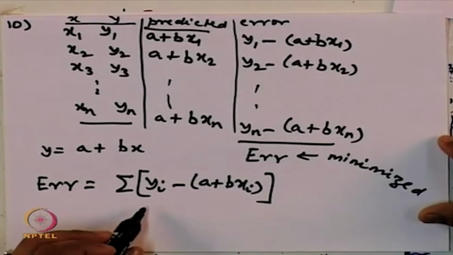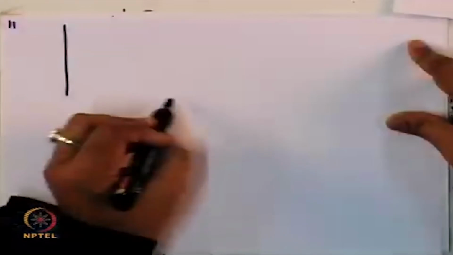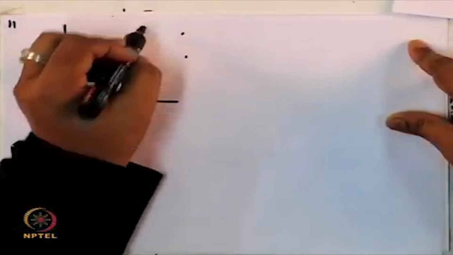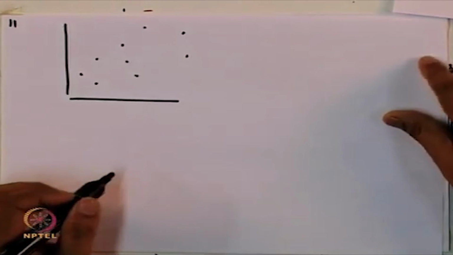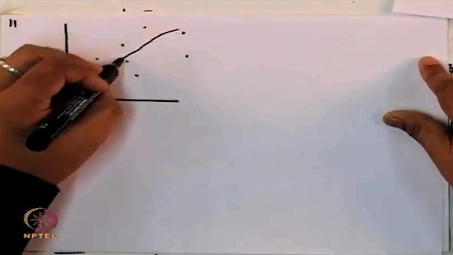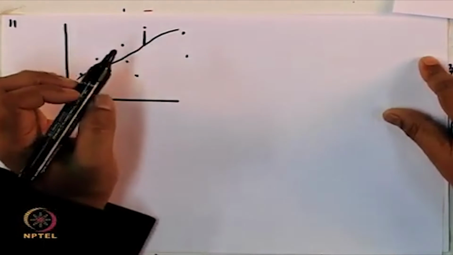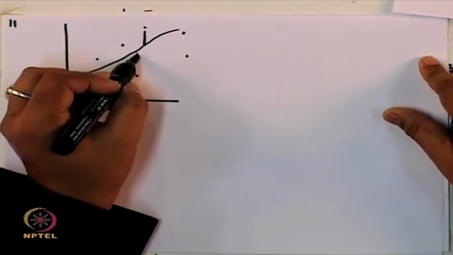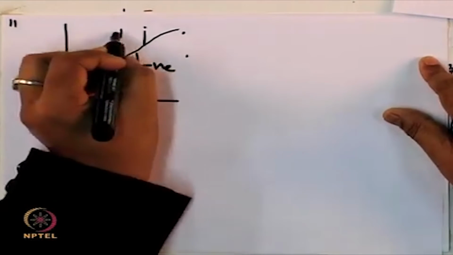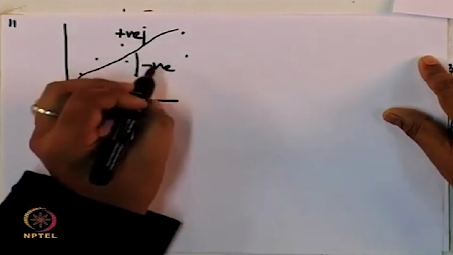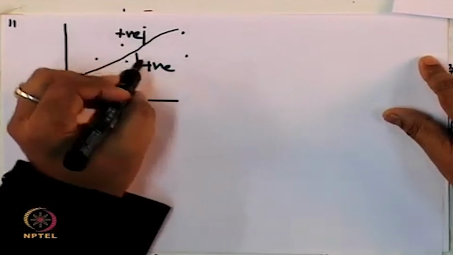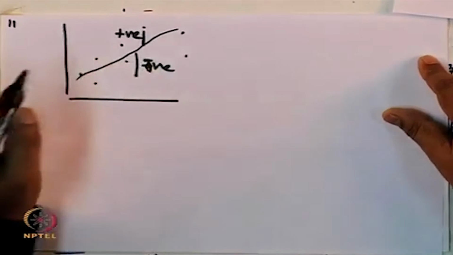The answer to that is no, because given your points, if you were to draw this particular line, you can clearly see that in some cases this error will be positive and in some other cases negative.